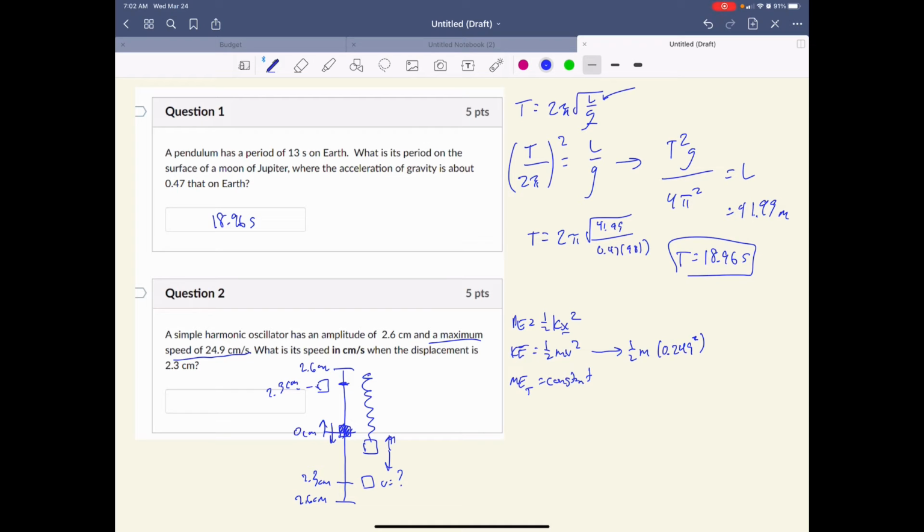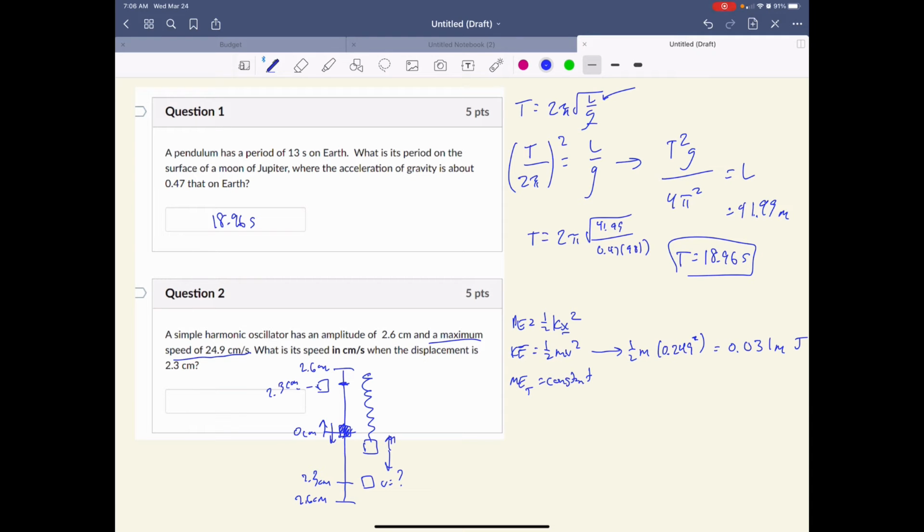So 0.249 squared times 0.5, and we're going to end up with 0.031 m. Okay. And that's in joules. So the total energy of the system is 0.031 times whatever the m is.